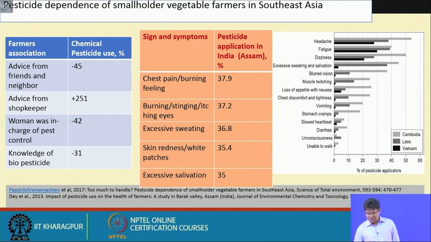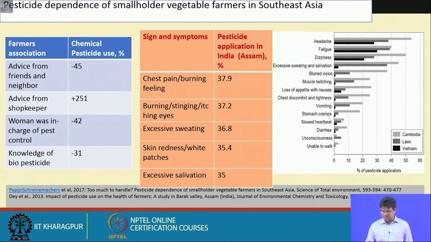And this is from another study of the same type from Cambodia, Laos and Vietnam. You can see the percentage of pesticide applicators who complain of headache, fatigue, dizziness, excessive sweating and salivation, around 40% of farmers. Similarly, blurred vision, muscle twitching, loss of appetite with nausea, chest discomfort and tightness, or vomiting are reported by more than 20% of farmers.